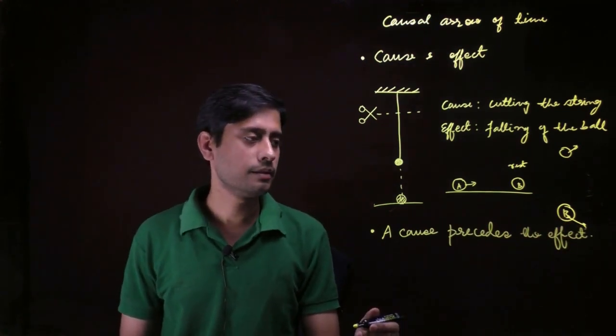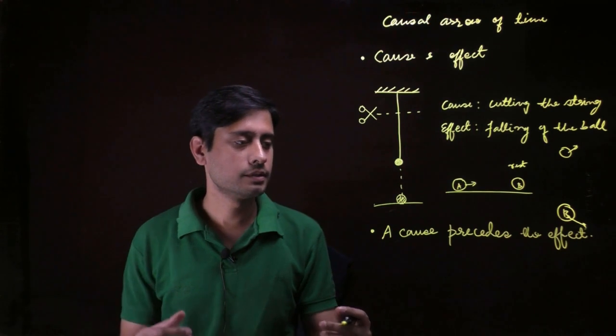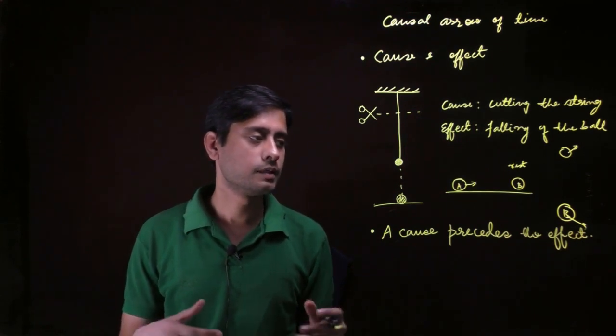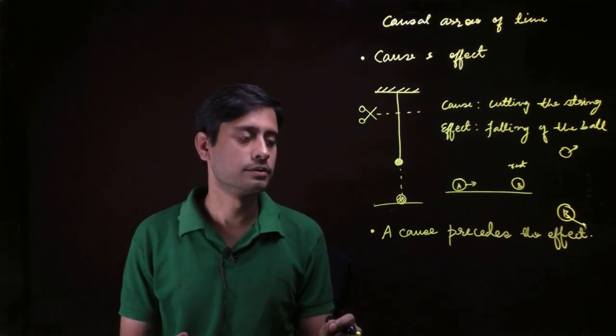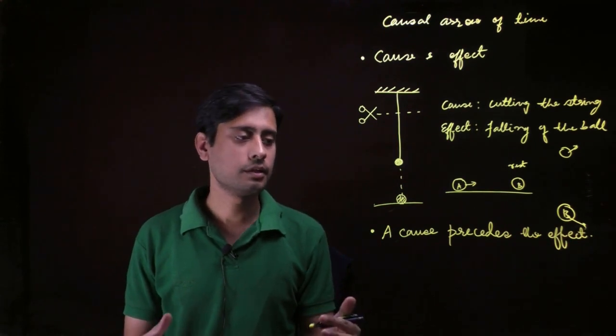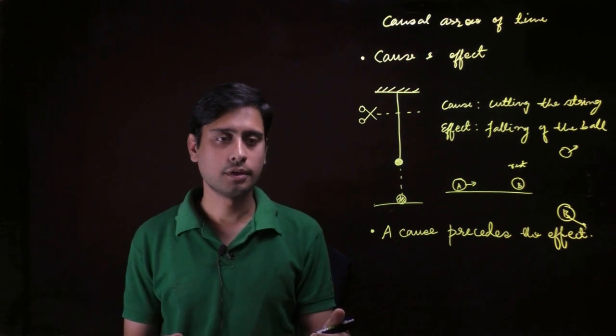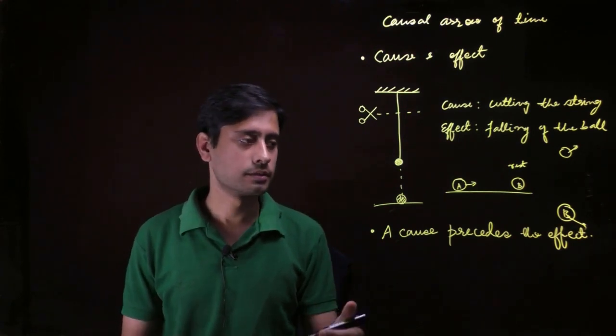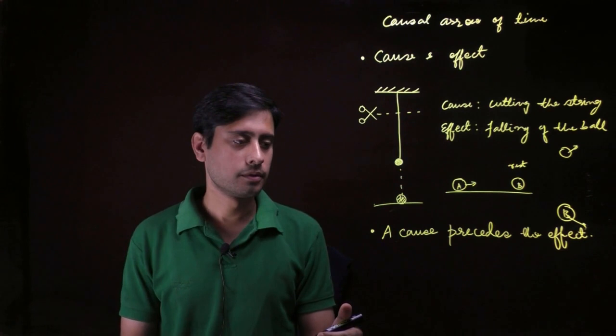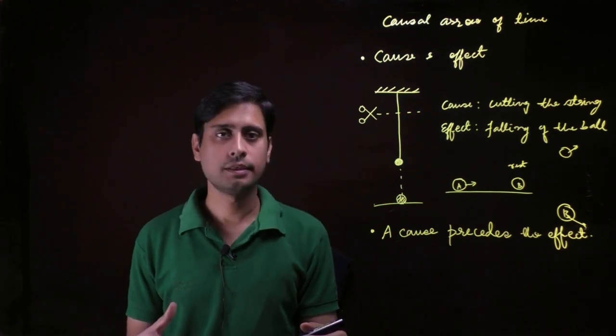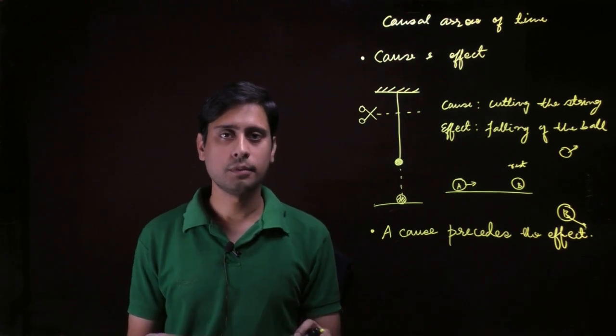So there is a kind of sequence in which the effect will always come after the cause. It can never happen that the effect comes first and its cause is coming after the effect. So it's not possible. So we can say that there is some sequence in which the effect is coming after the cause.